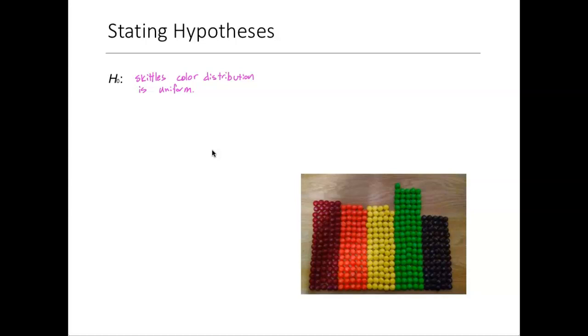And then the alternative would just be Skittles color distribution is not uniform.